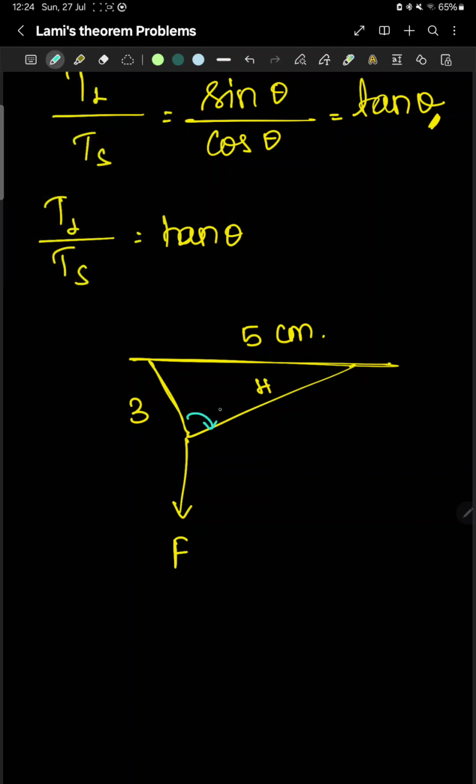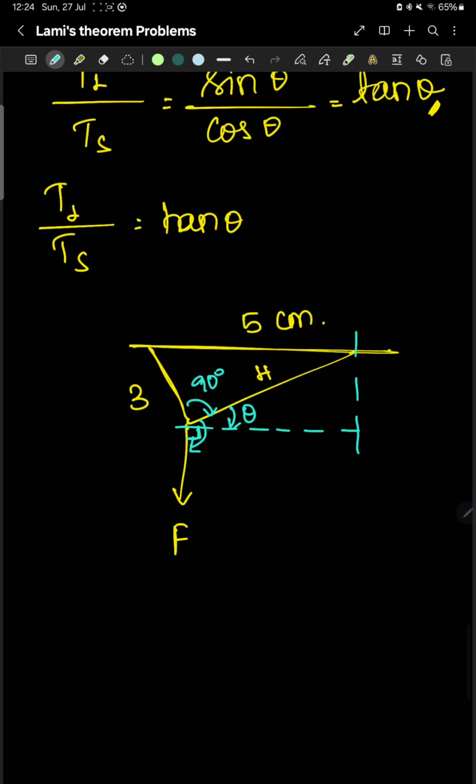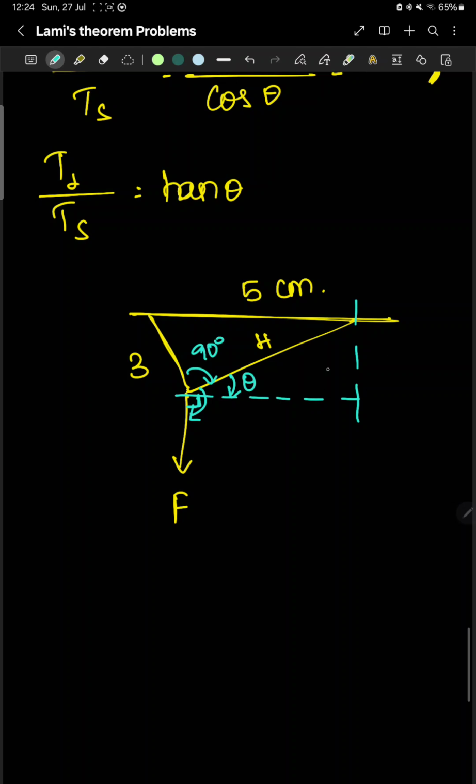I know this angle is 90 degree and this angle is 90 plus theta, which means if I draw a perpendicular line here and here, I have considered this as theta, and this too is 90, so the total angle became 90 plus theta. So I have to find what is this theta. I don't know this distance as well as this distance, but I can say if this angle is theta, then this angle will also be theta.